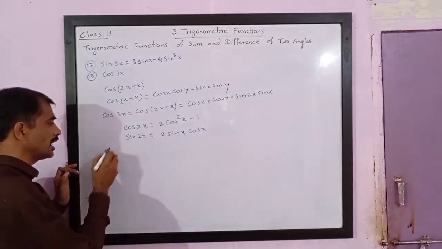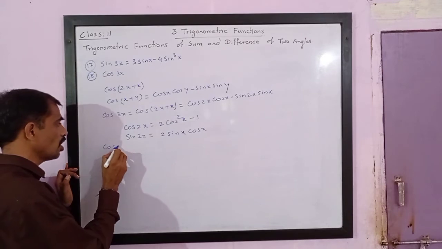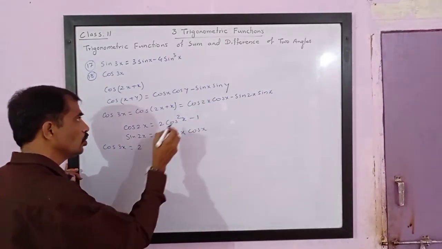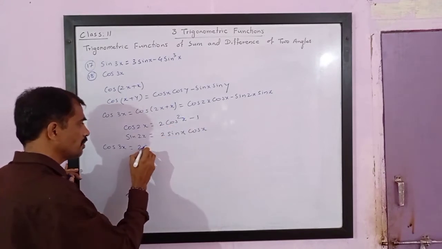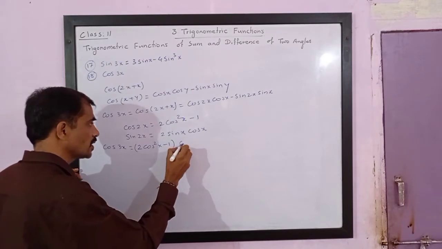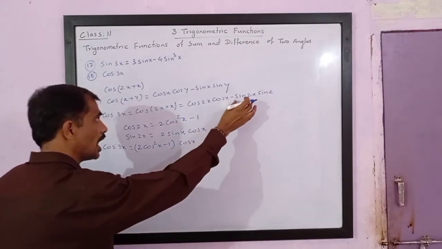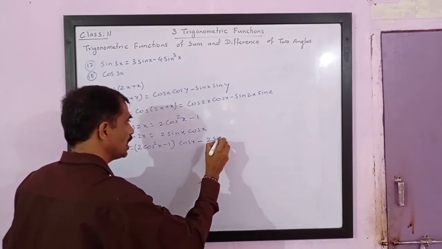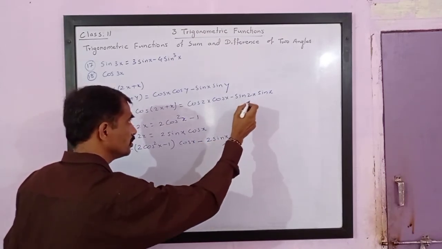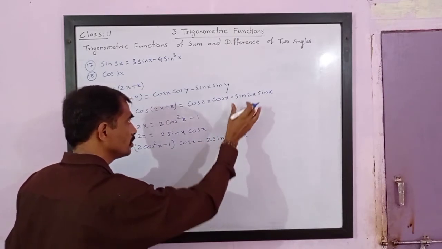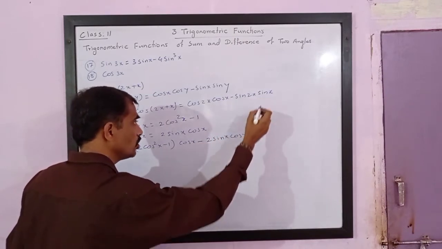You will get cos 3x is equal to cos 2x is 2 cos square x minus 1 into cos x, and this becomes minus sin 2x is 2 sin x cos x, that is sin 2x into sin x.